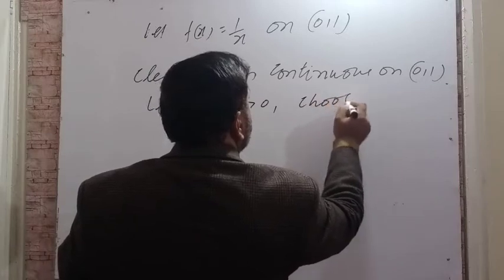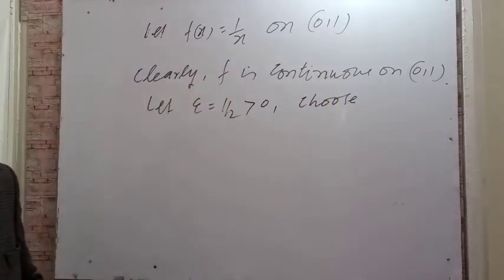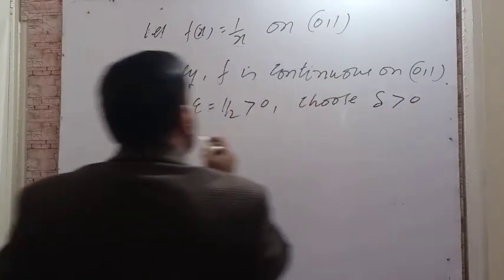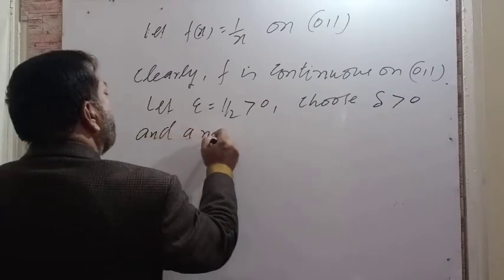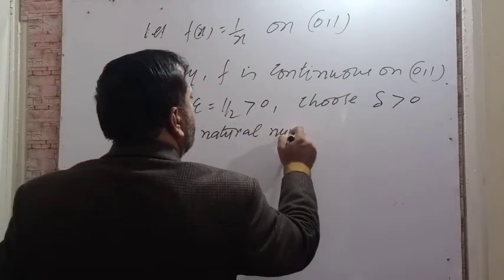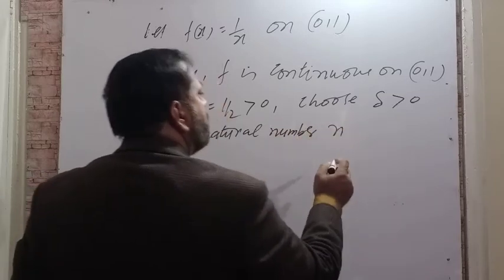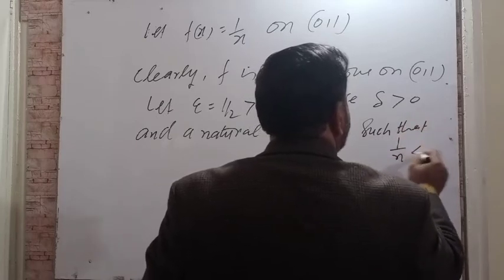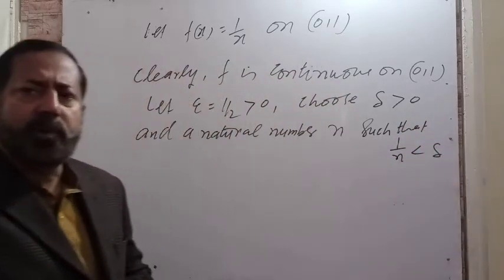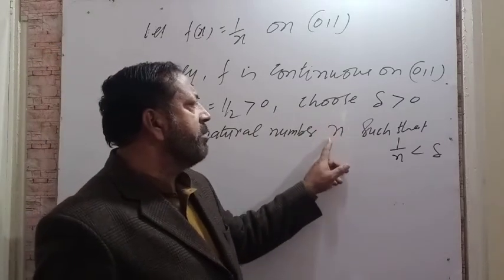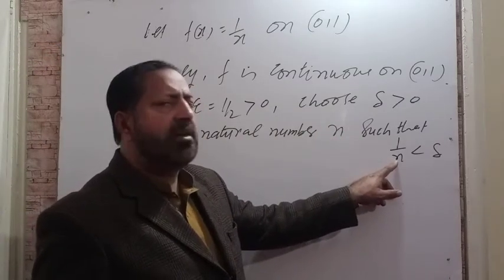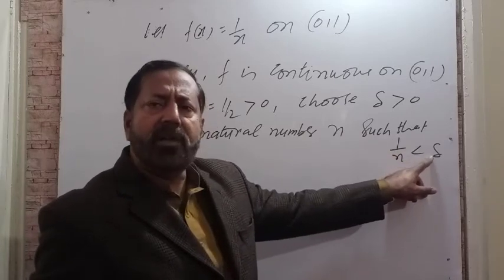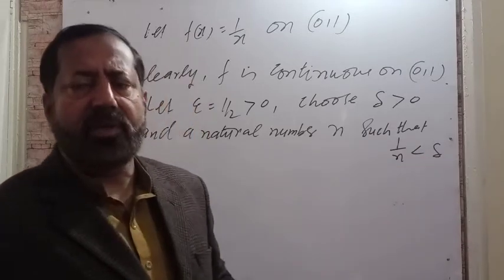Choose delta positive and a natural number n such that 1 over n is less than delta. This is possible because if you take a larger natural number, 1 over n must be less than delta, however small you choose delta.